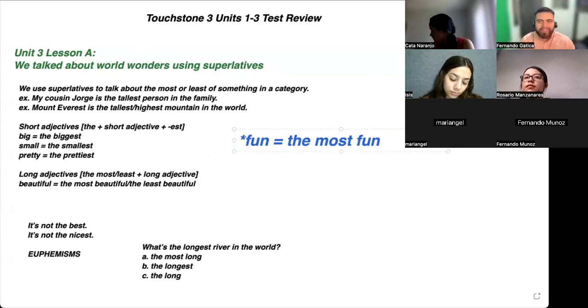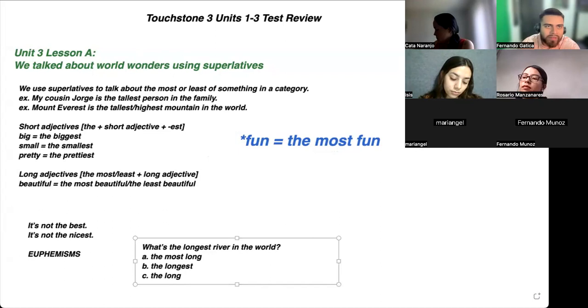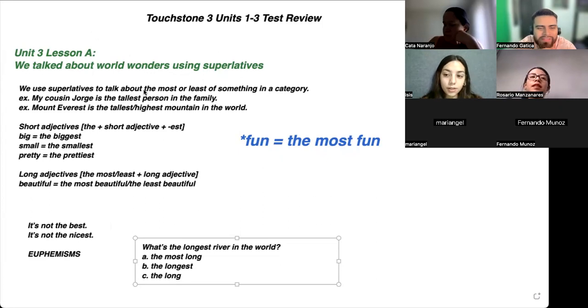Fun, the most fun. ¿Fue lo más divertido? It was the most fun or it was the funnest? It was the most fun. The goodest, the most best, or the best? The best. All right.